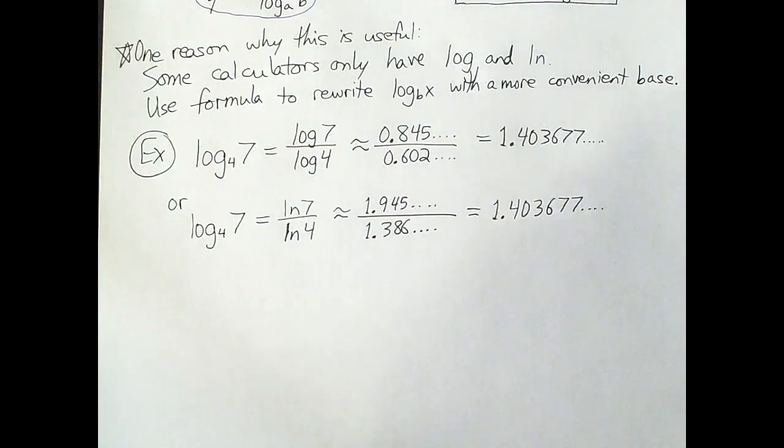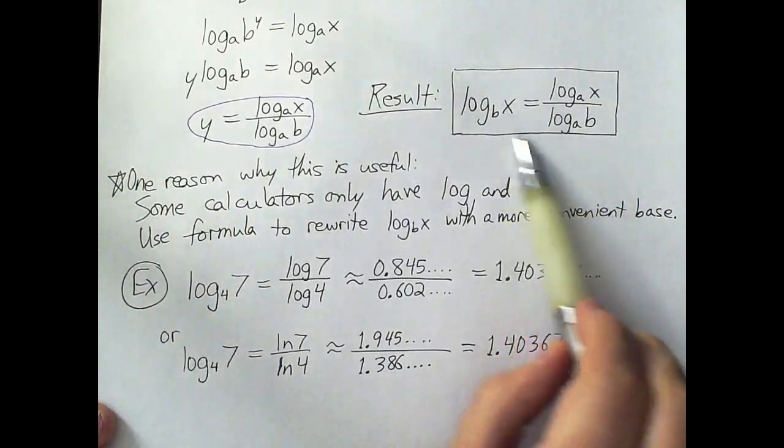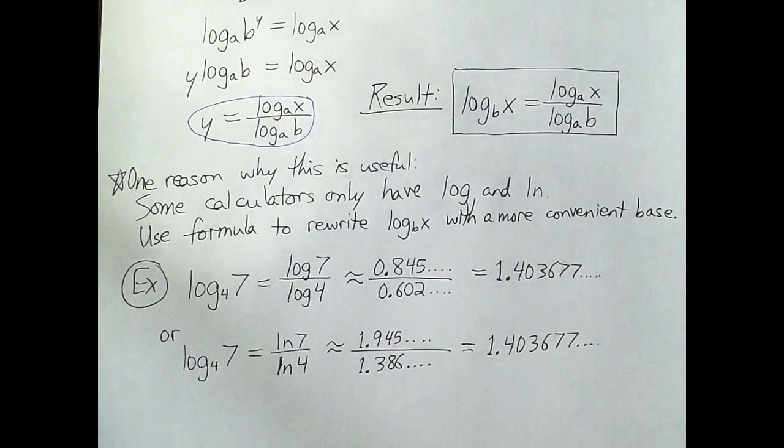I think in calculus, I've also seen one or two other uses of this formula, maybe to derive some other rules, but it's a little bit less important than law 1, law 2, law 3. Those are kind of the big deal for the section.